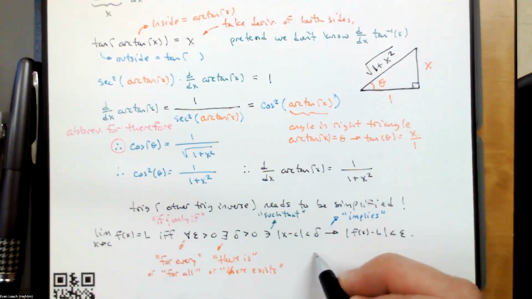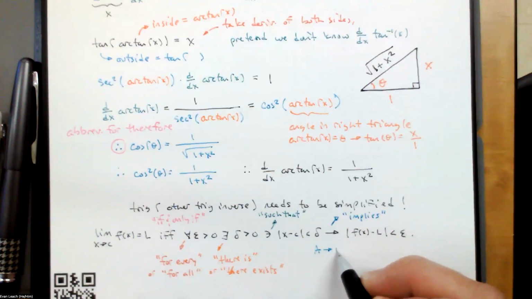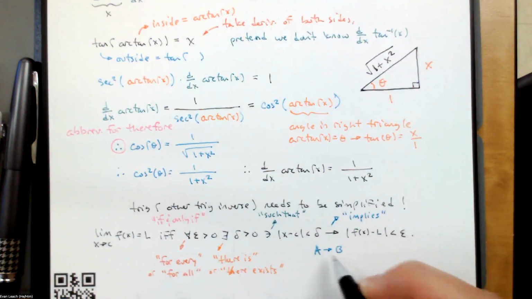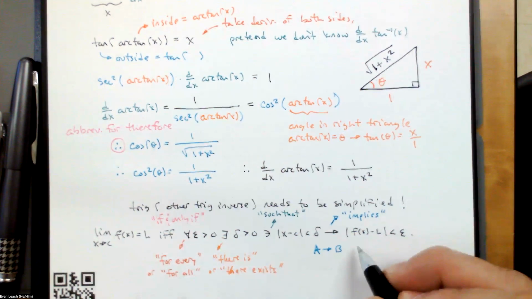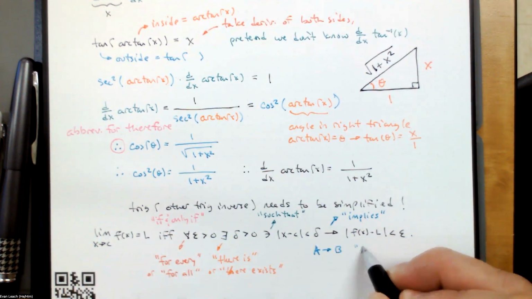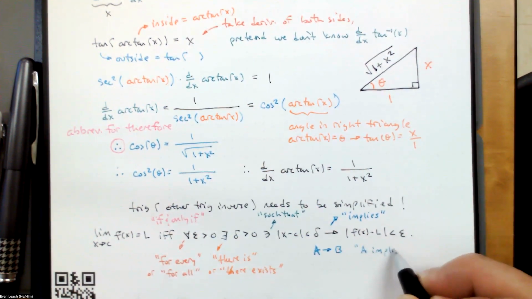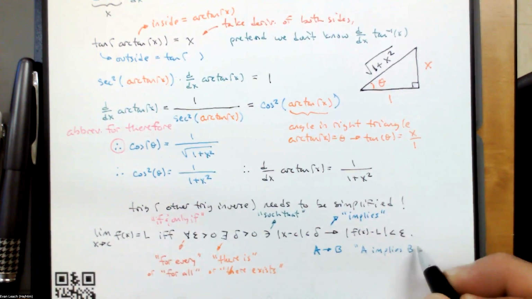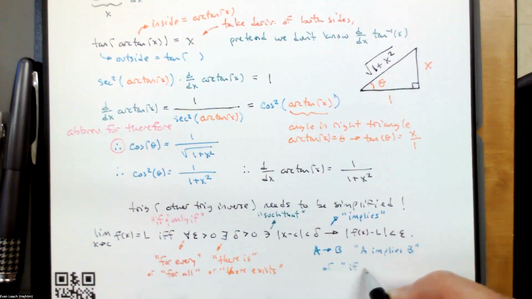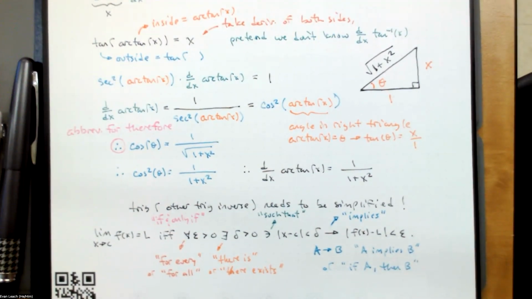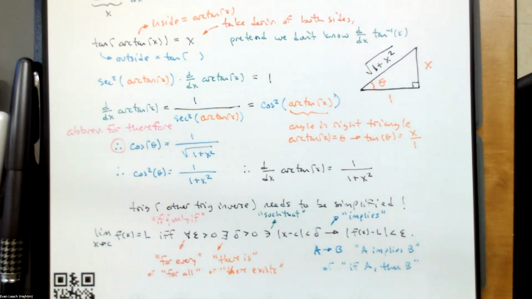If we see A implies B, and we just want to read the symbols from left to right, we might say A implies B. But we might also say if A, then B. If A is true, then B is true.